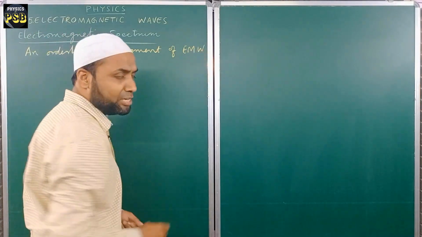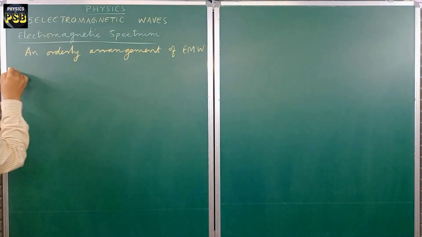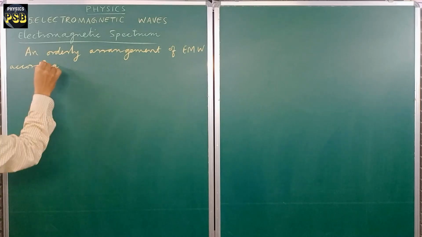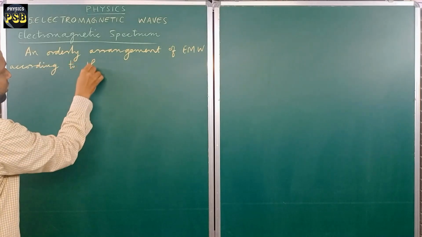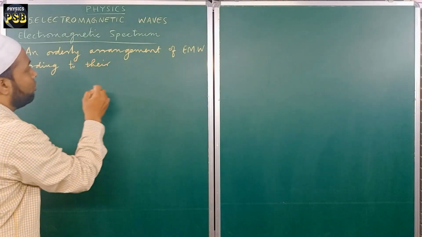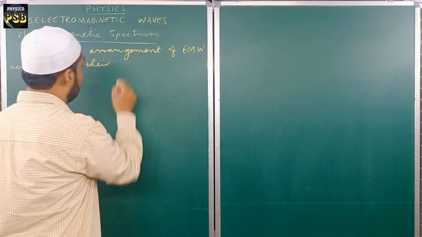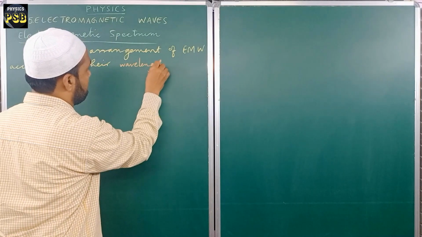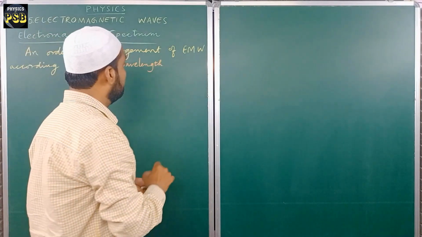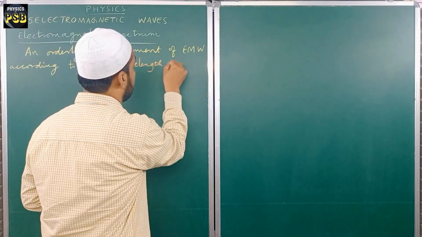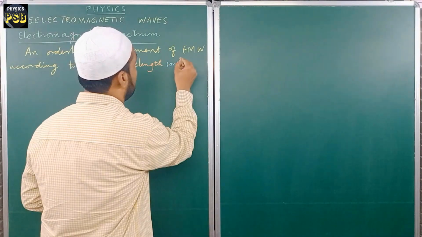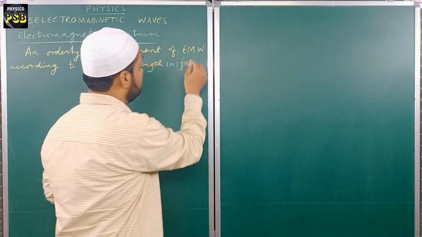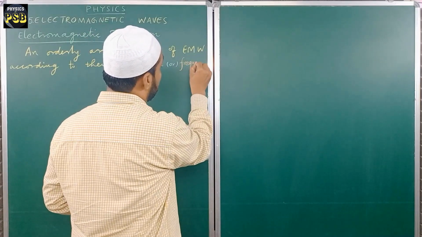Here EMW stands for electromagnetic waves, according to their wavelength or frequency.